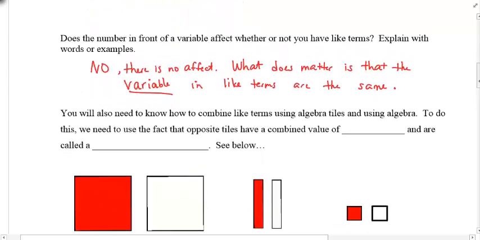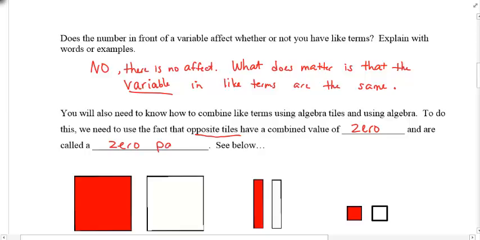Okay, so we've done it algebraically, but I want to show it to you using the algebra tiles as well. We're going to also show you how to combine them using algebra tiles. So to do this, I want you to know one particular fact, that opposite tiles have a combined value of 0. Meaning if I have one white and one dark and I put them together, it's called a 0 pair.